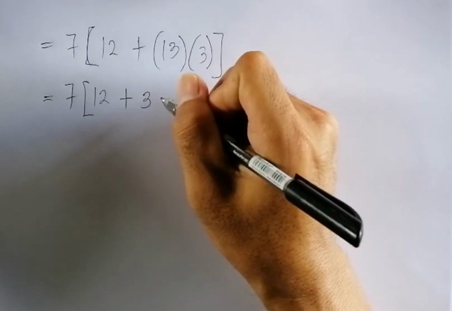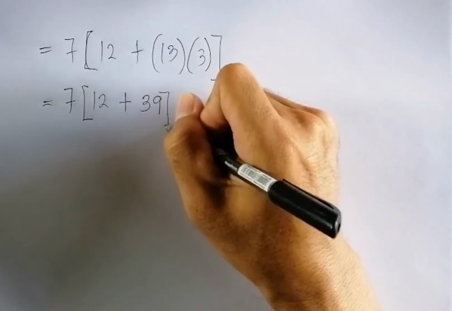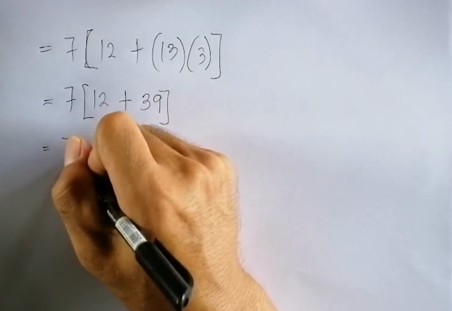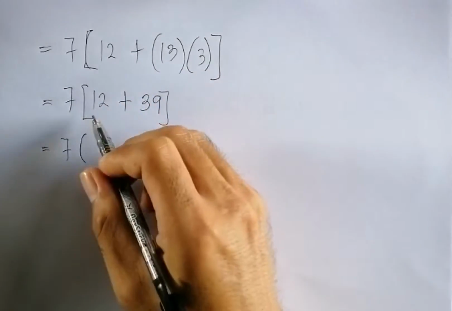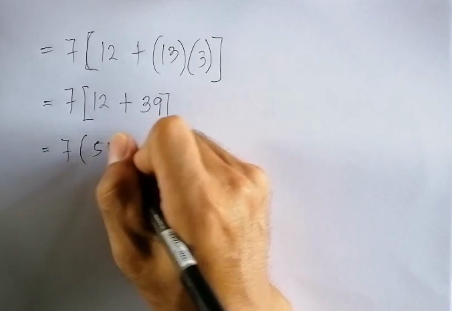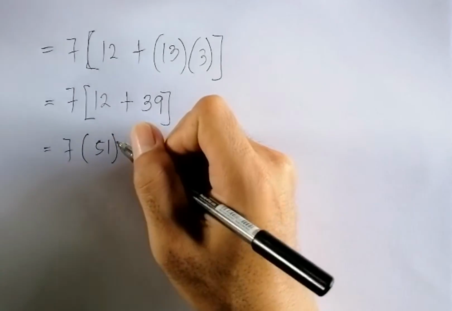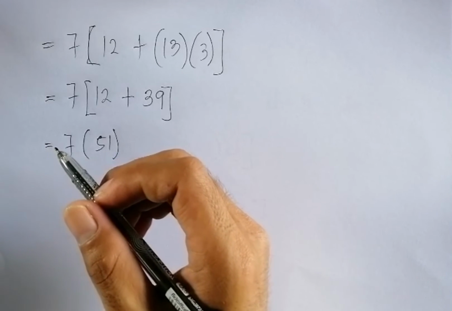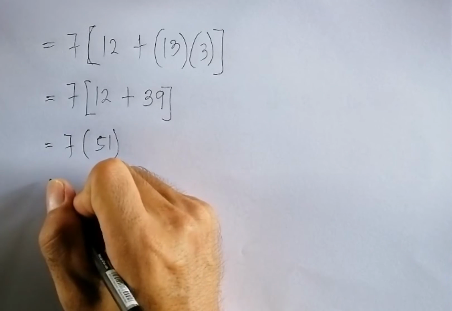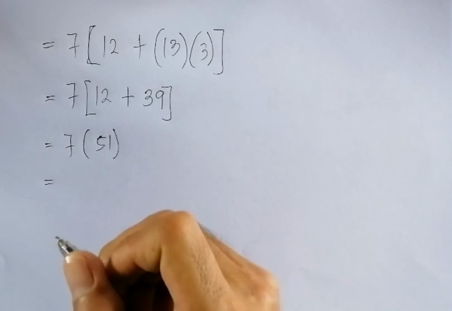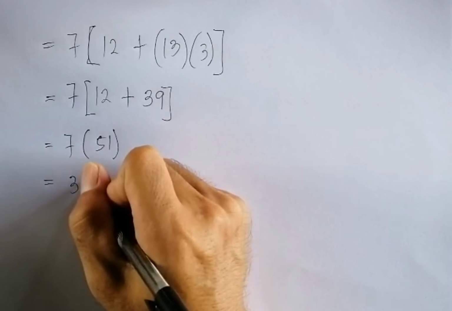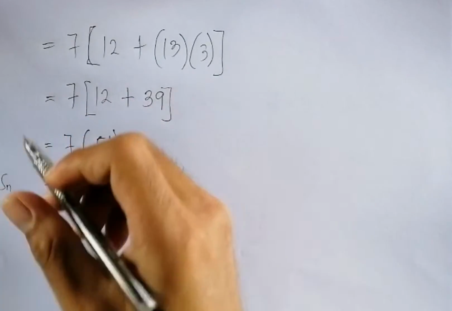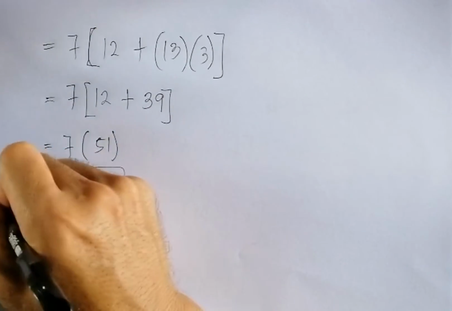That is 39. Then add 12 plus 39. That is 51. Equals, so the sum is equal to 357.